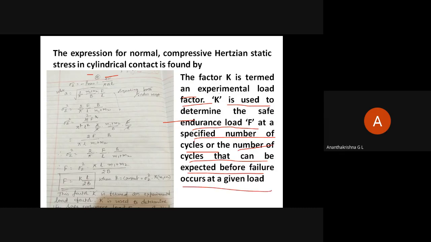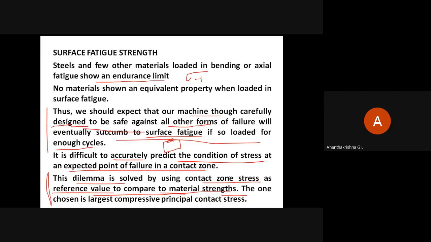So this experimental load factor will give us the number of cycles that can be expected before failure occurs at a given load. Is that okay? So what we learned here is we cannot accurately predict the condition of stress at an expected point of failure in a contact zone.